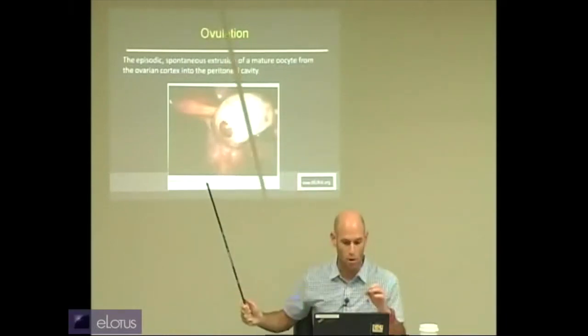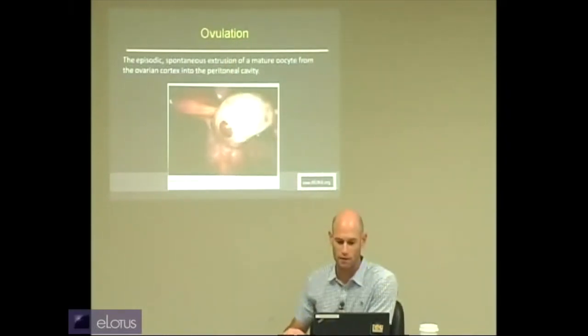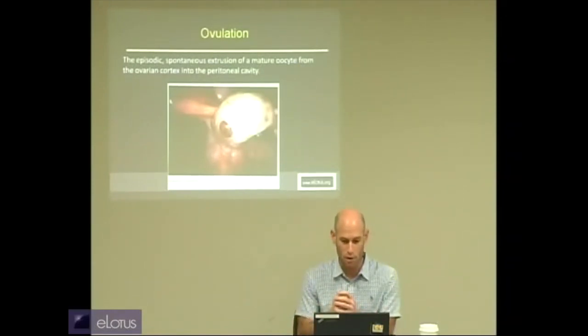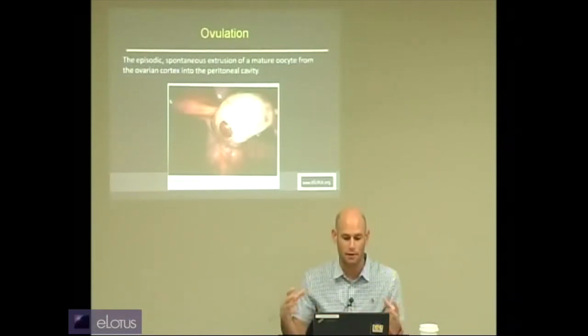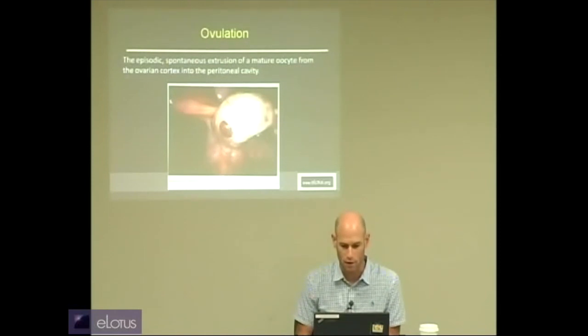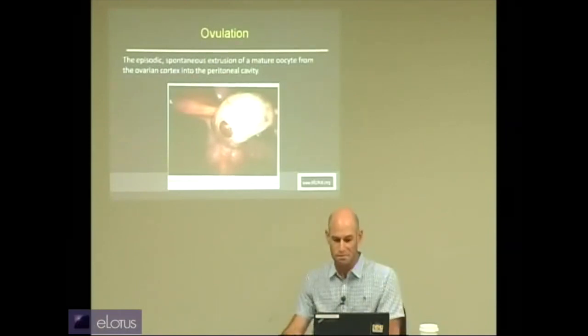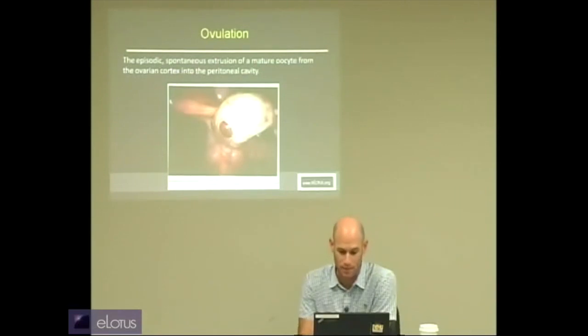Those bubblegum balls inside the scoop of ice cream would represent the follicles. And what essentially happens is every month one of those bubblegum balls will blow up a bubble, and that is the developing follicle, the dominant follicle that we'll talk about. And when that bubble bursts, the egg which is inside comes out, and that's ovulation. So this is what it looks like from a laparoscopic point of view.